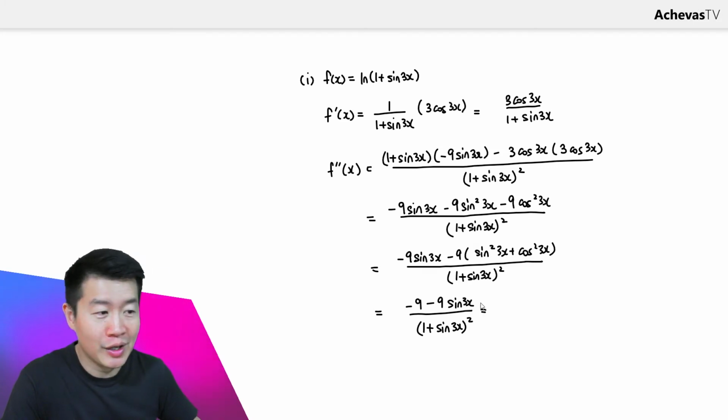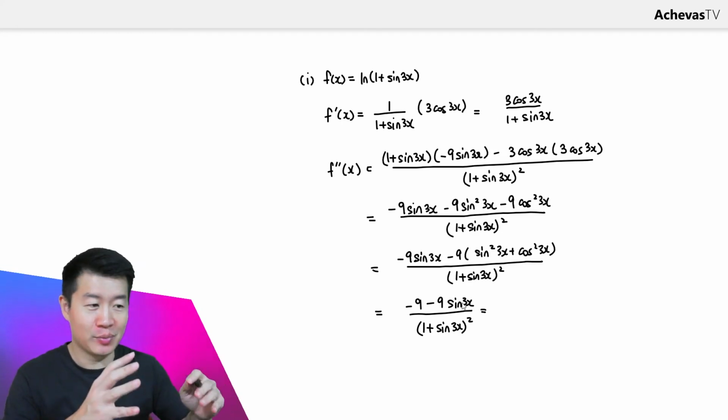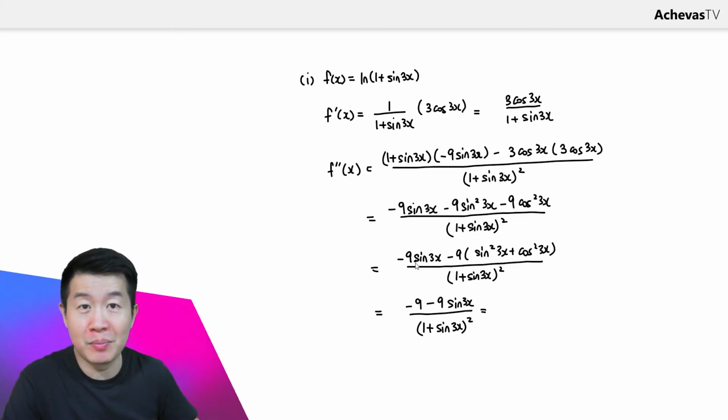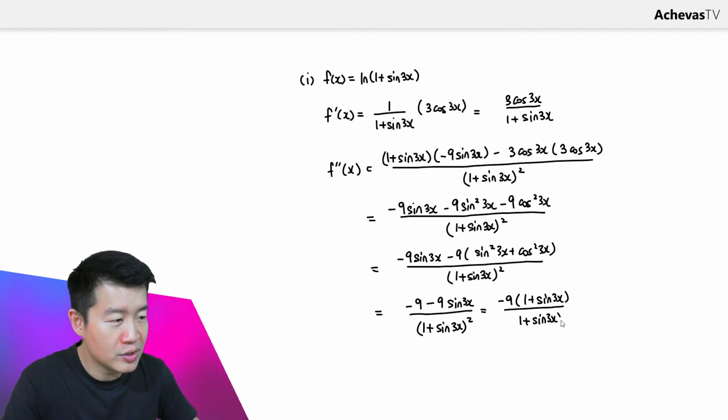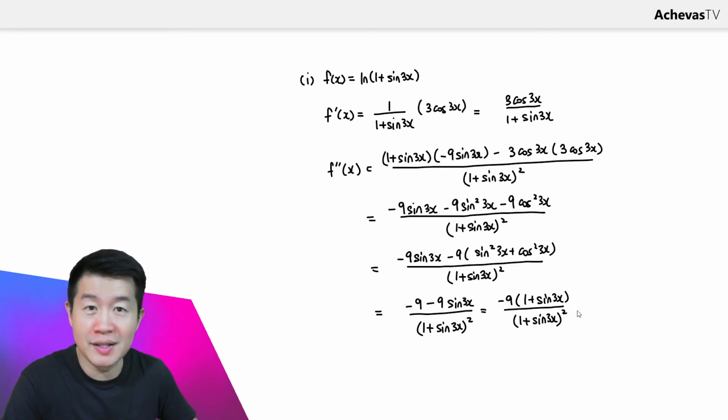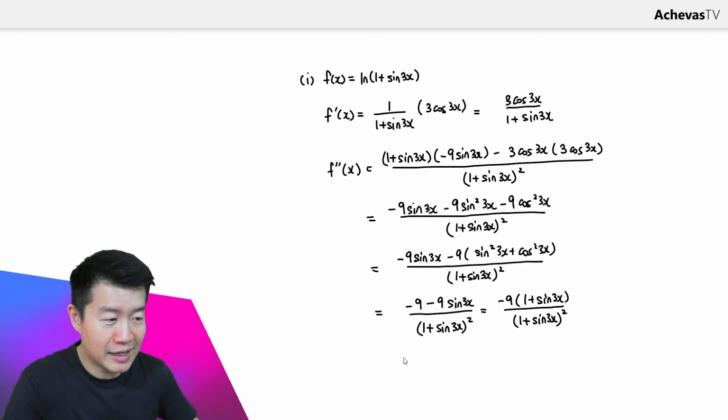We should and we can simplify this further, because according to what the question says, it is supposed to be a constant divided by 1 plus sine 3x. And to get that constant in the numerator, let's factorize out minus 9, which will leave us with a 1 plus sine 3x. And this is the same expression as what we have in the denominator, except the denominator is (1 plus sine 3x) squared, but we can cancel this.